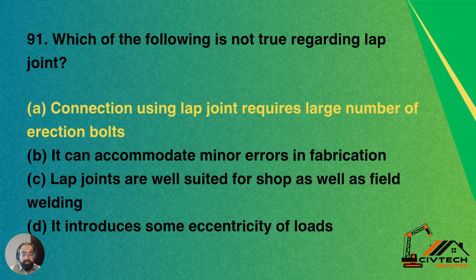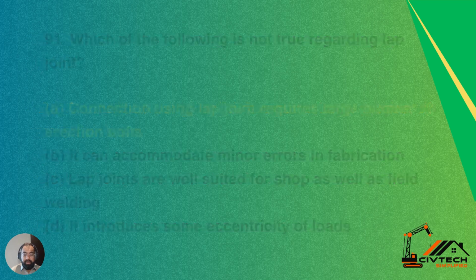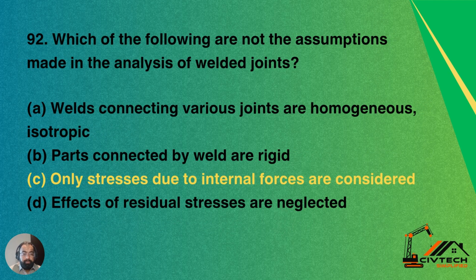Option C. Lap joints are well suited for shop as well as field welding. Option D. It introduces some eccentricity of load. So the false statement is A. Connection using lap joint requires large number of erection bolts. This is the wrong statement. So A is the correct answer for this question.